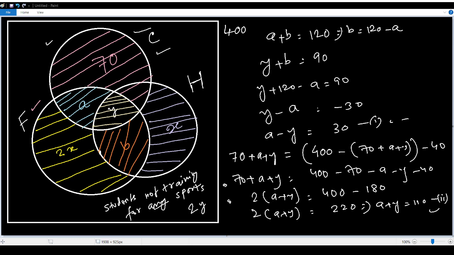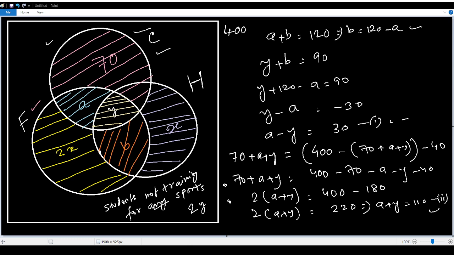Therefore y is 40. We got our two values. Now if we have a as 70 and y as 40, then we can easily find out b. What is b? 120 minus 70, that is 50.